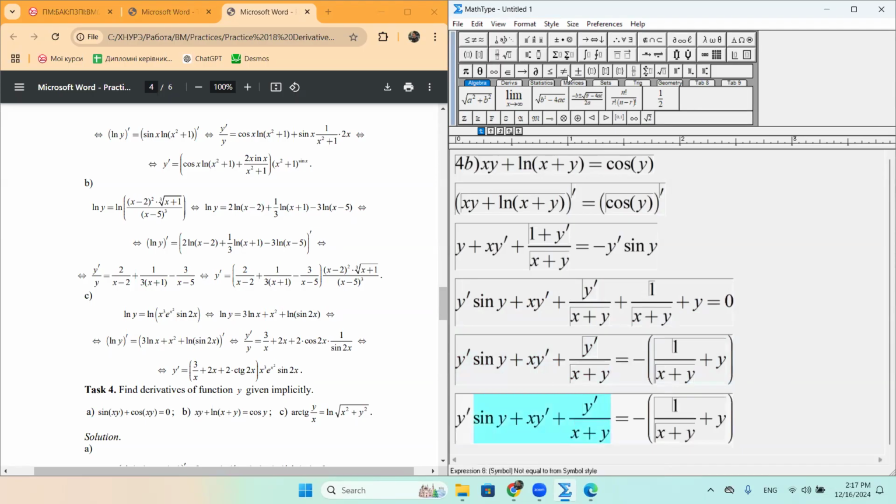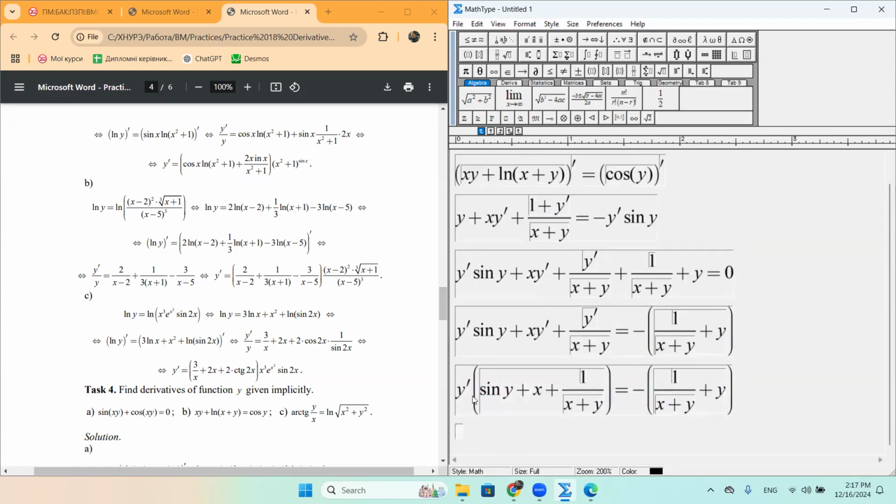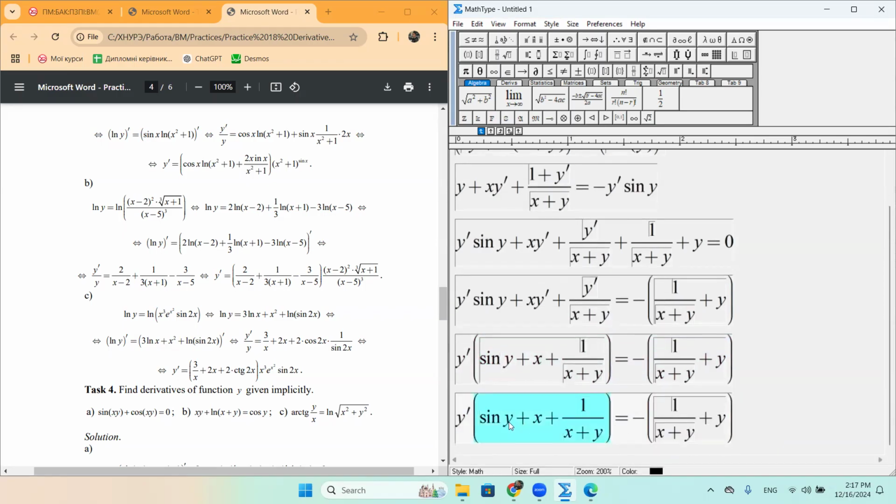So moving y prime out of brackets. And now solving this equation with respect to y prime. Just not to waste time with different manipulations, finding common denominators, and so on, I will just do it like this, multiplied by this expression in power of -1. And it is the solution. Any questions about this task?